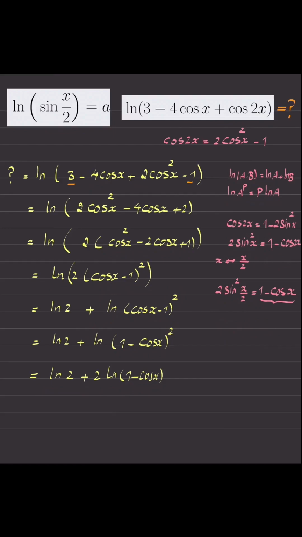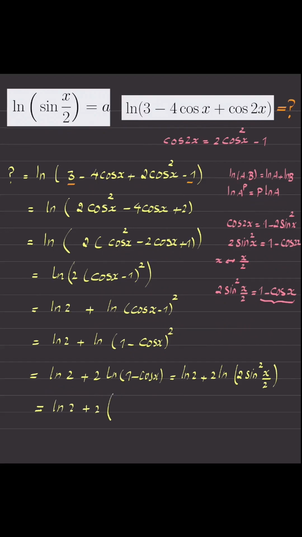So I will continue like this. It becomes ln of 2 plus 2 ln, and then I have 1 minus cosine x, which is 2 sine x over 2 to the power 2. Now I will open this one up as well. So ln of 2, I copy and paste 2, I open a pair of brackets.